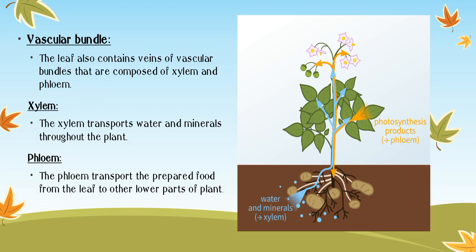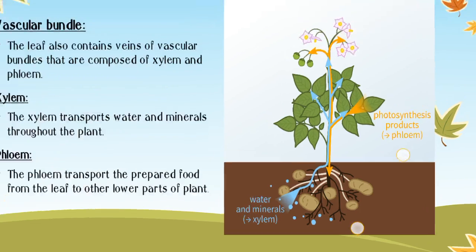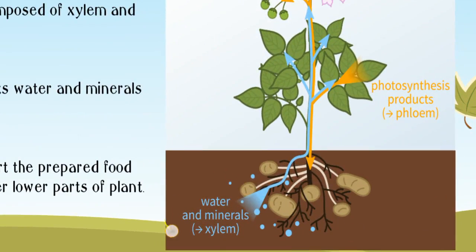One by one we will discuss them. First of all, xylem. The xylem transports the water and the minerals throughout the plant. Roots absorb the water and minerals, and xylem transports them to all parts of the leaf.